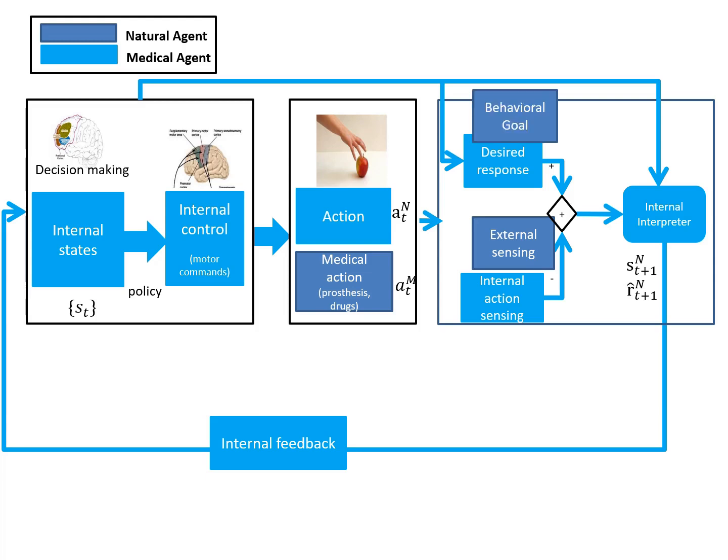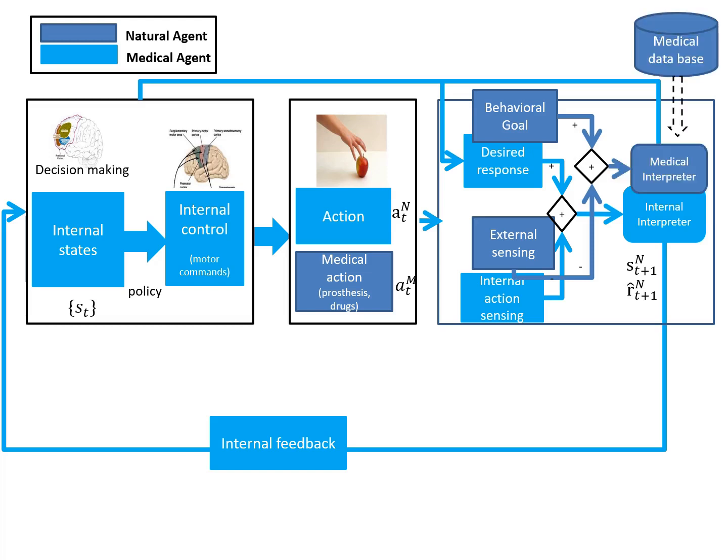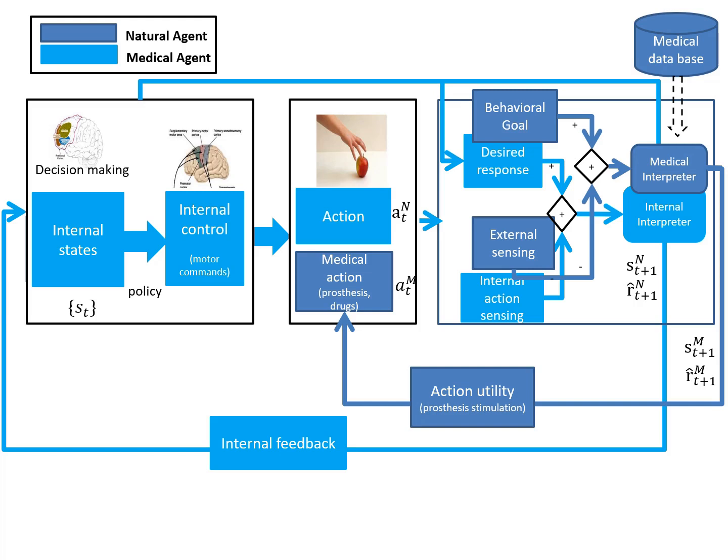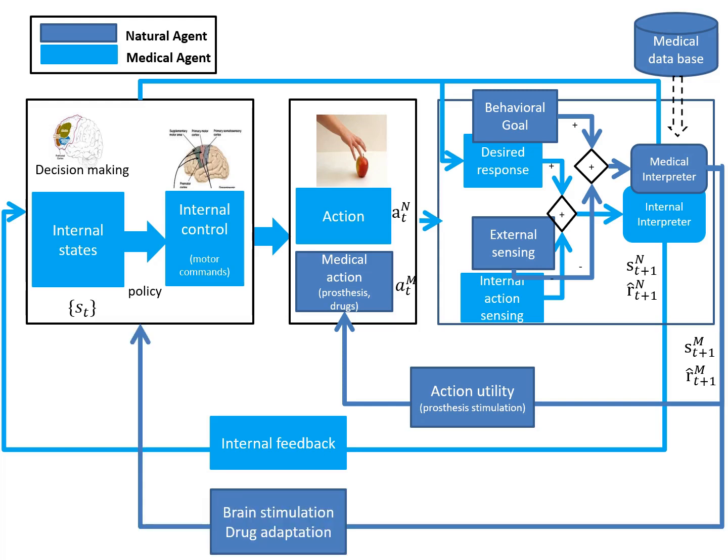Then we also have the behavioral goal, which is like the software utility of the medical agent, and they are both sent to the interpreter, sometimes using a medical database that represents the medical priors. Then we calculate the current medical state and the reward, and we can send it to an action utility that can actually control the processes. We can also use it directly for brain stimulation and sometimes for drug adaptation.